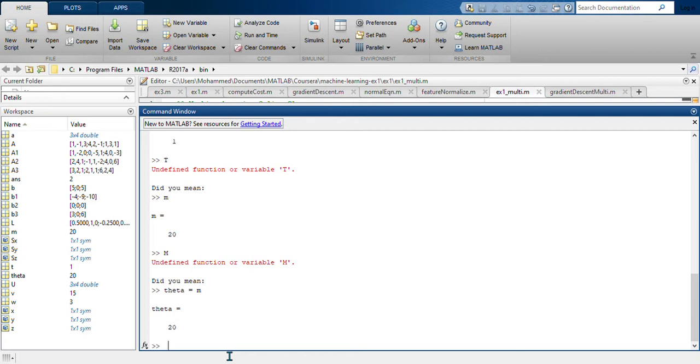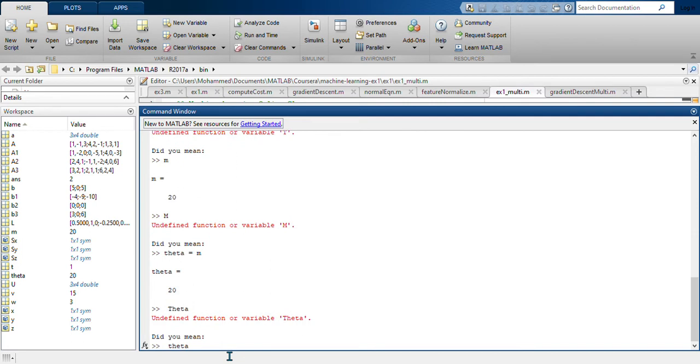Now, if I write it as capital Theta, it will give me undefined function, right? It has to be exactly the same way we defined. So if you have used all small letters, then it has to be exactly in the same way. Okay, if you have used capital for the first letter as our variable, then you have to write exactly that way. So the variable names are case sensitive, so they have to be used exactly as they have been defined.